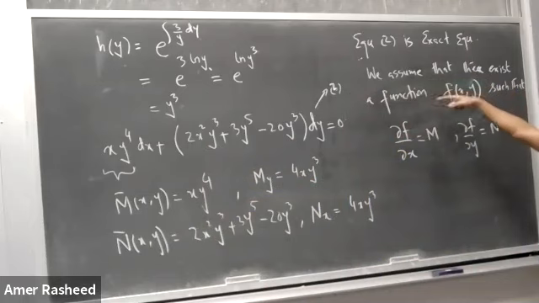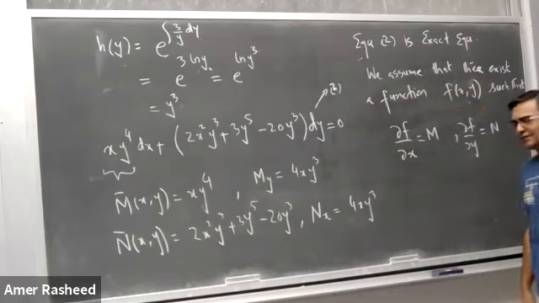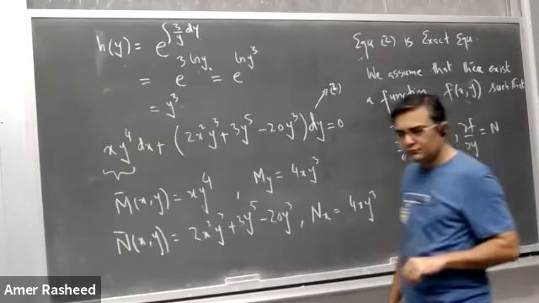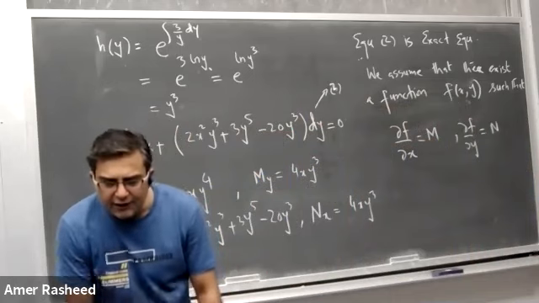How to find it? By using these two equations, which we discussed in the previous lecture. If you don't know about these equations, you can go back to the previous lecture and listen to that. Till now, if you have any question, you can ask me.